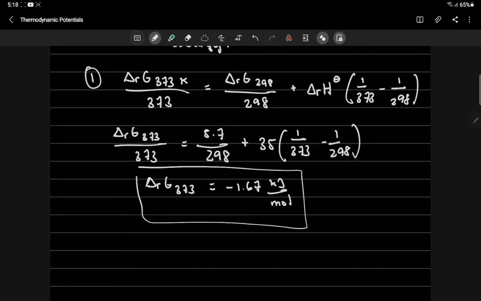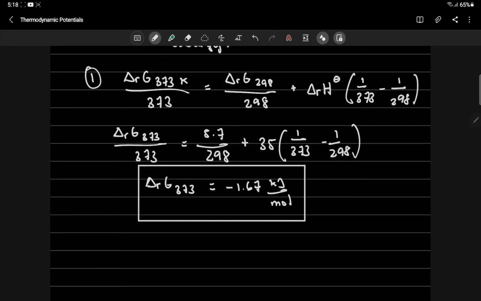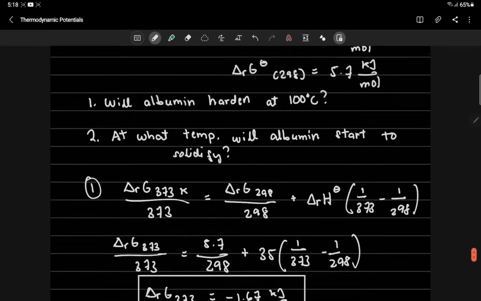So, if you take a look at the sign of the resulting value for the Gibbs free energy at 373 Kelvin, spontaneous therefore yung ating transformation. Spontaneous and exergonic. So, to answer the question, will albumin harden at 100 degrees Celsius?